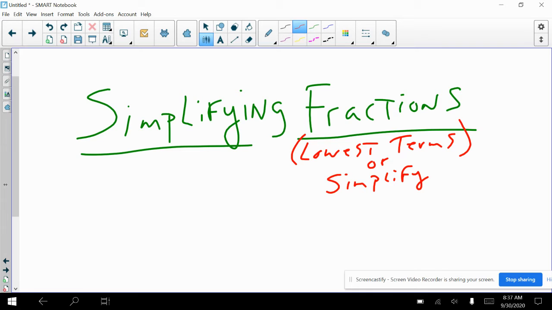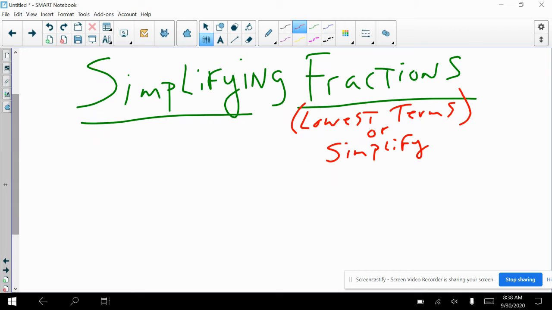Again, as I've said before, you don't ever have to ask anybody if you want the fraction in lowest terms. It's assumed that you are going to put them in lowest terms. But I do want to talk about something. Okay, so let's say we have the fraction 8/12.